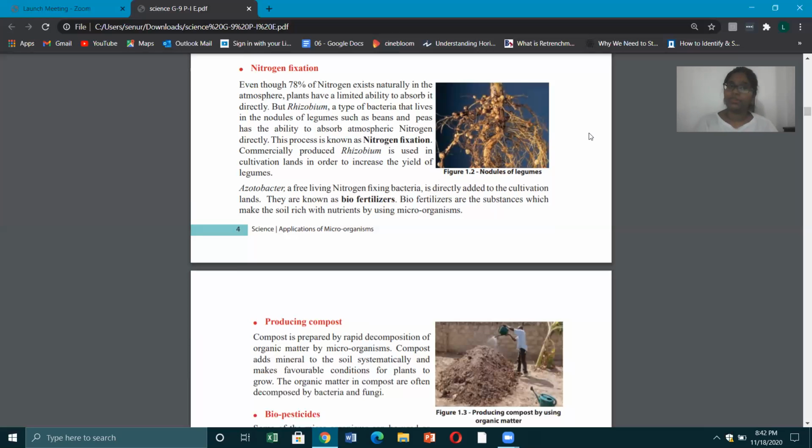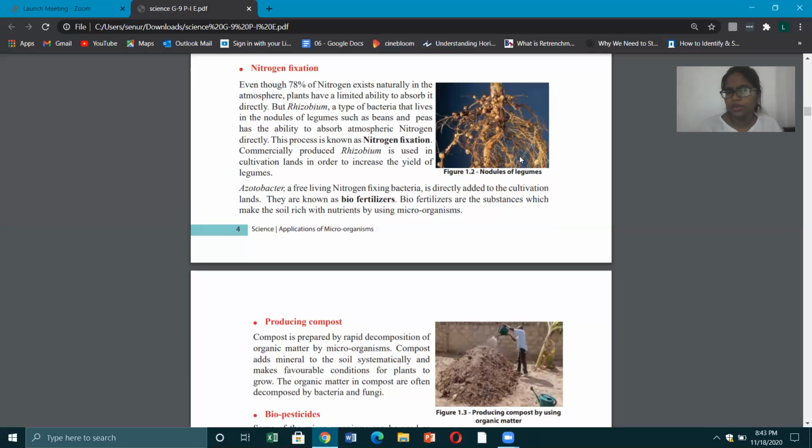But rhizobium, a type of bacteria that lives in the nodules of legumes, such as beans and peas, has the ability to absorb atmospheric nitrogen directly. The picture is here.